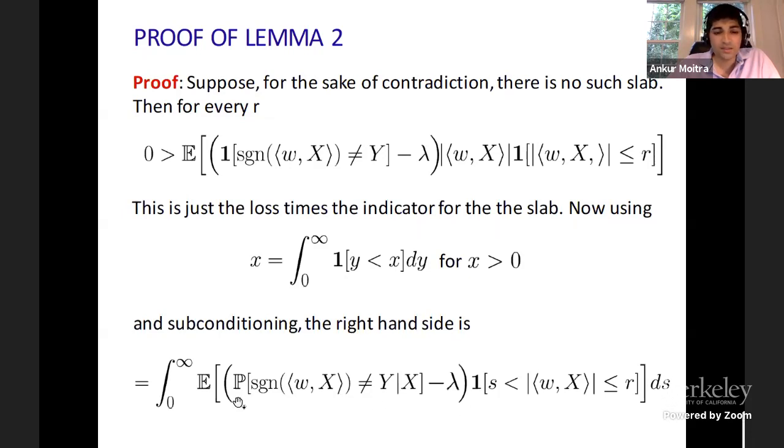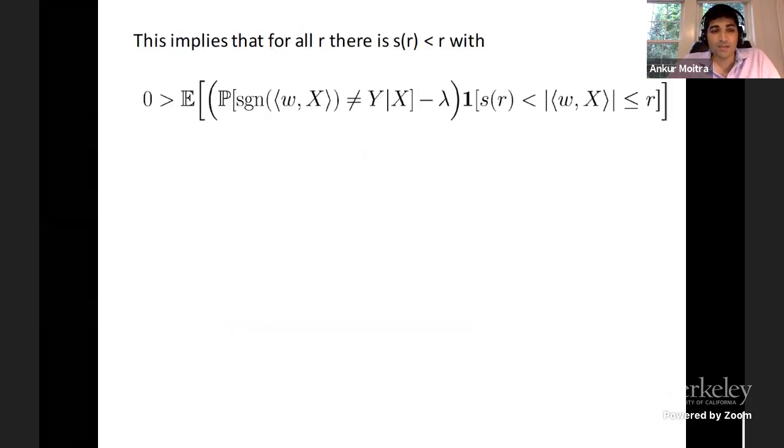And here again, we've done the same subconditioning trick where the first expectation is over x, and the remaining probability is over the noise that decides what the actual label y is. Now we're basically done because that integral being strictly negative means that there's some value of s for which the thing inside the integral is negative. So for any r, there's some s of r where that term inside the integral is strictly negative.